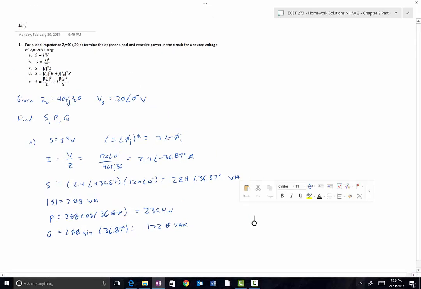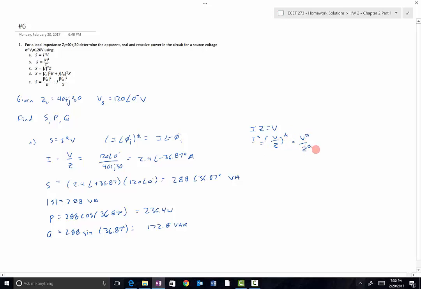All the rest of these formulas are based off of this formula, just using substitutions of Ohm's law. Just plug that in there. And so we know I complex conjugate is V over Z, star, which is just equal to V star over Z star.